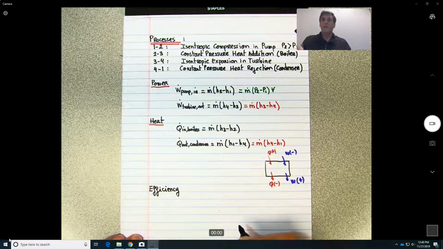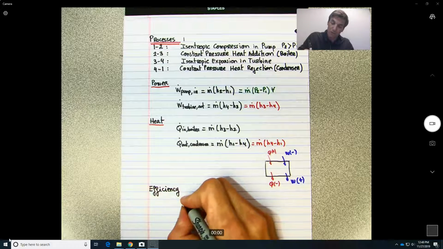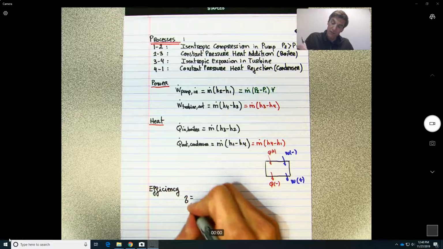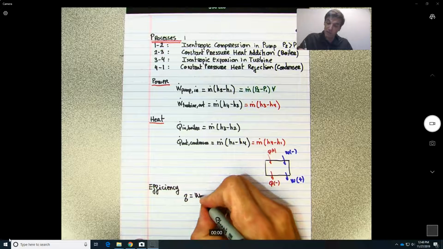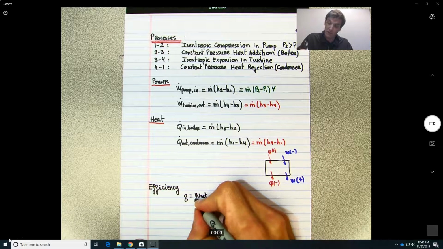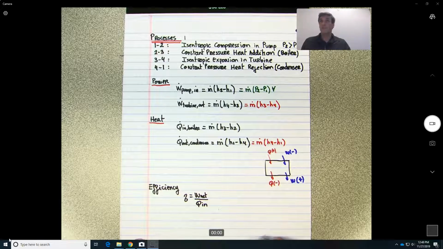So what would that be? This would be the efficiency of the Rankine cycle. So by definition, what is the efficiency? It is whatever we're trying to get out, which is the net work, divided by whatever we need to put into the system.